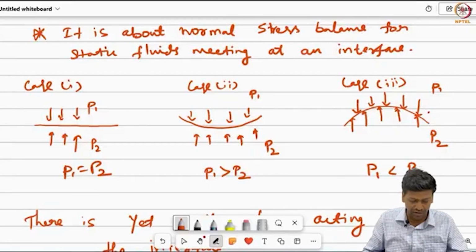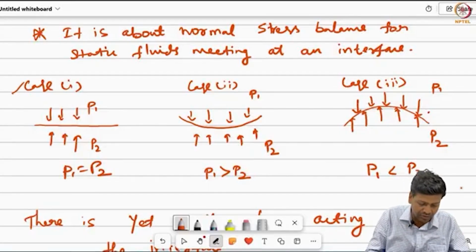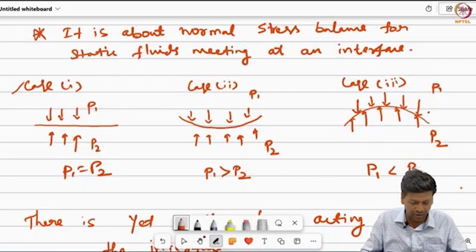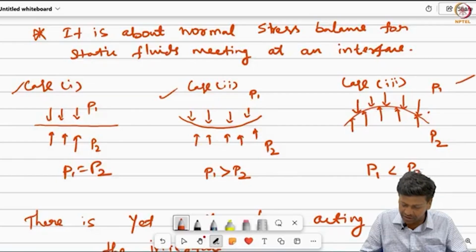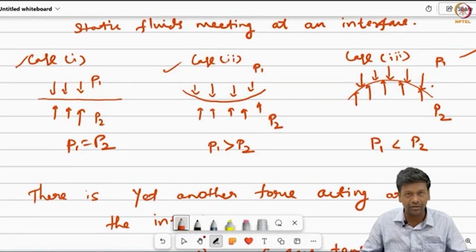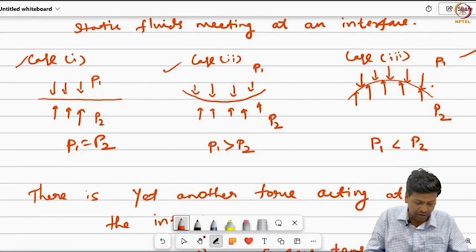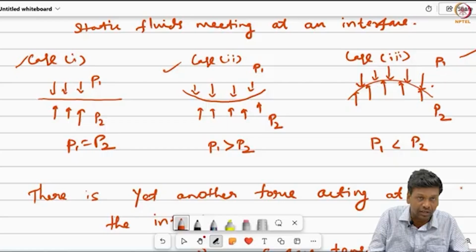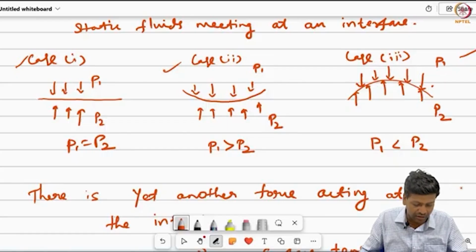Let us look at different scenarios, as we have schematically shown here. Let's say we have a case 1 situation, and situations like case 2 and case 3. In these cases, if you look at the pressure that is acting on the surface, in case 1 you see that the pressure acting on both sides is equal.